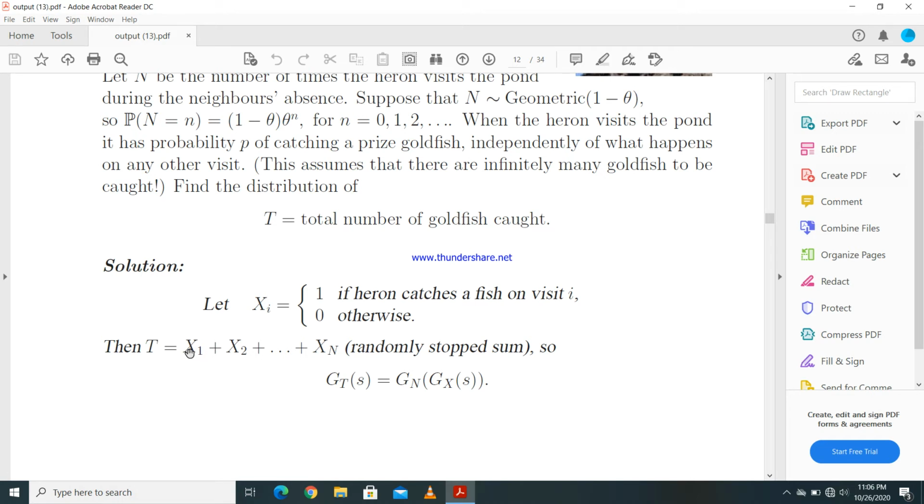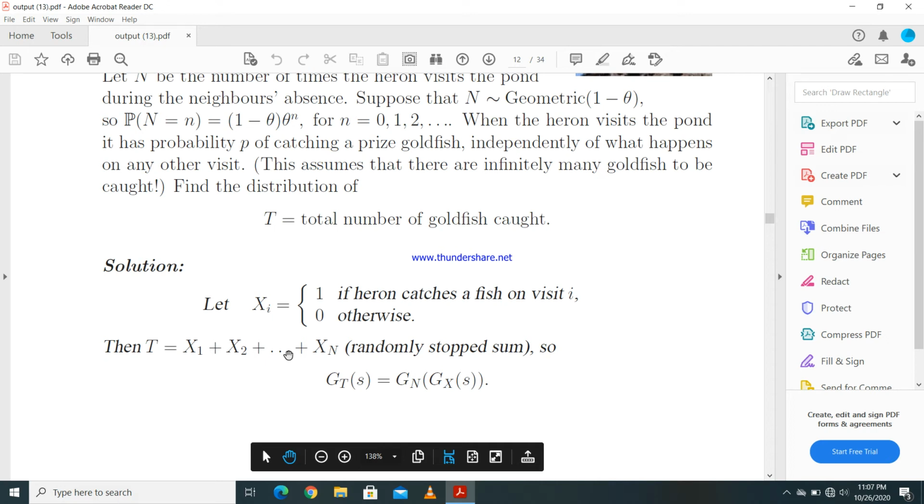If not, 0. So you have a summation of ones and zeros, and ultimately you'll get the total number of fish that the heron has caught, right? So this is what we are interested in. So this is like a randomly stopped sum, right?